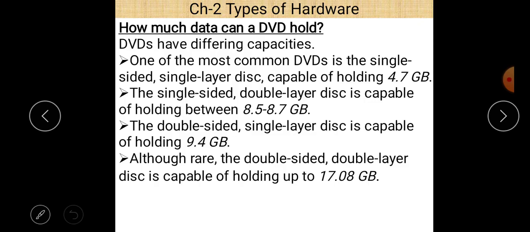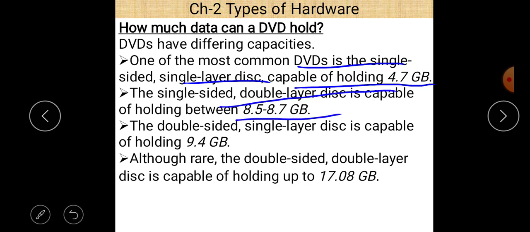One of the most common DVDs is the single-sided single layer disc, and it is capable of holding 4.7 GB of data. Then the single-sided double layer disc is capable of holding between 8.5 to 8.7 GB of data.